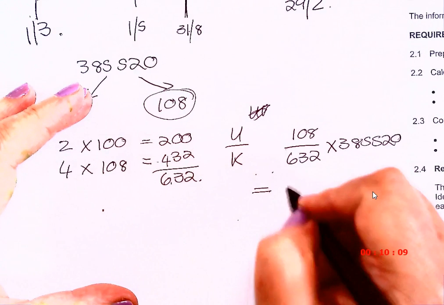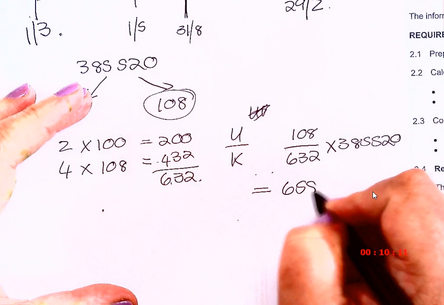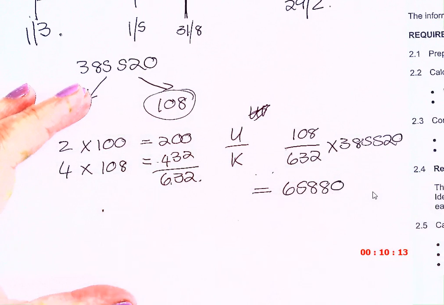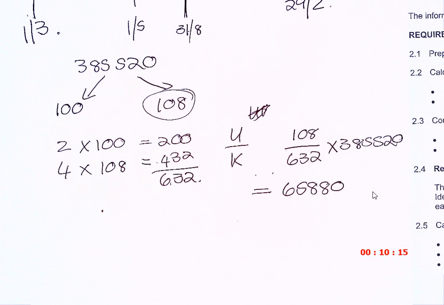Isn't it 65880? Now, if I take that 65880, I times it with 2 directors for 6 months.